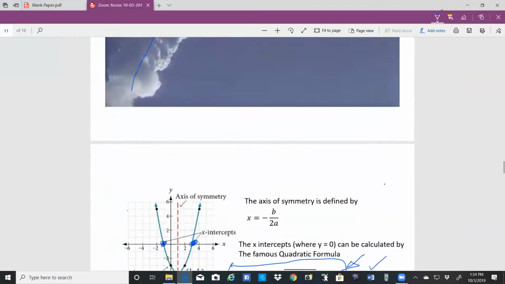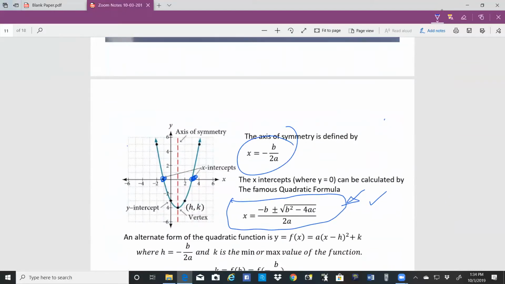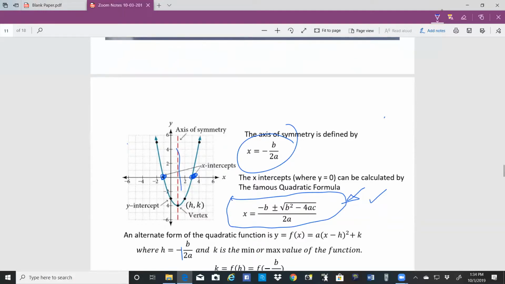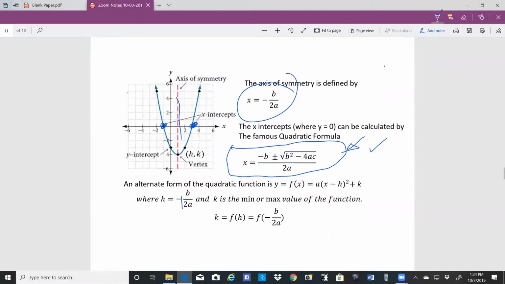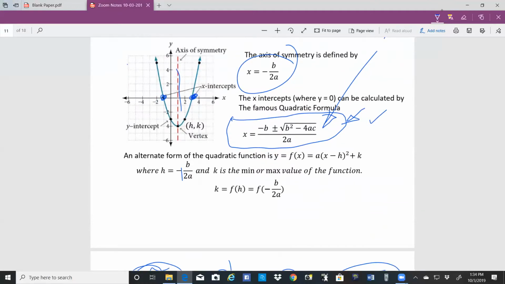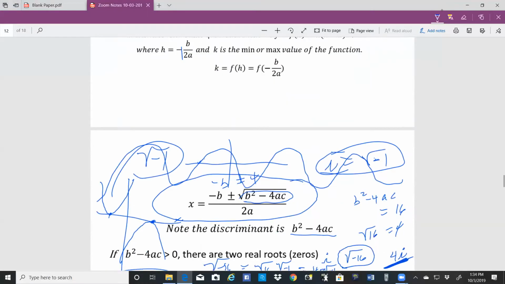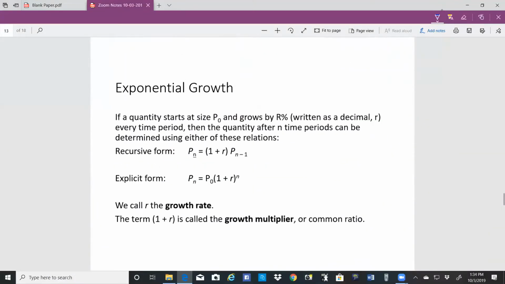You need to know minus b over 2a is the axis of symmetry, and then plug that into the equation to get your y value of the vertex, and then use your quadratic formula to find the zeros or the x-intercepts. So that's quadratic functions. And then the next function, other than the linear function we've already covered, is going to be exponential growth.